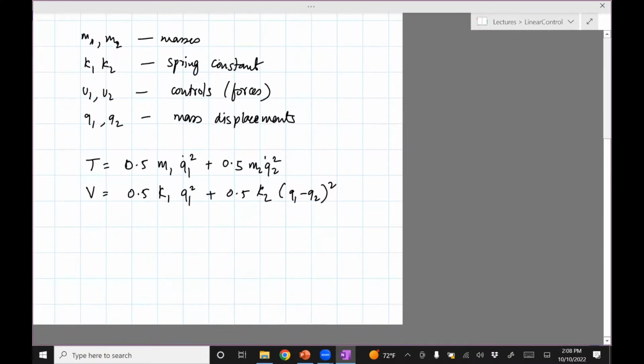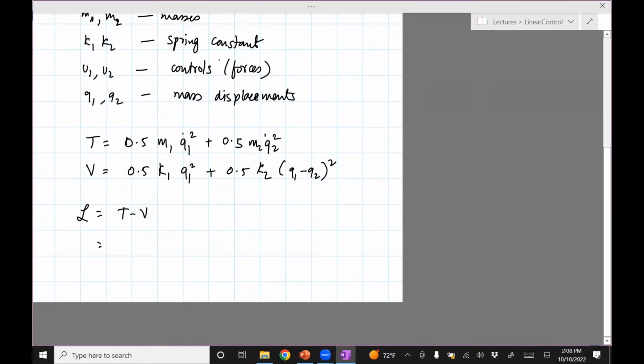Okay, now we can define the Lagrangian, which is going to be T minus V. That's 0.5 m1 q1 dot square plus 0.5 m2 q2 dot square plus 0.5 k1 q1 square plus 0.5 k2 (q1 minus q2) square.